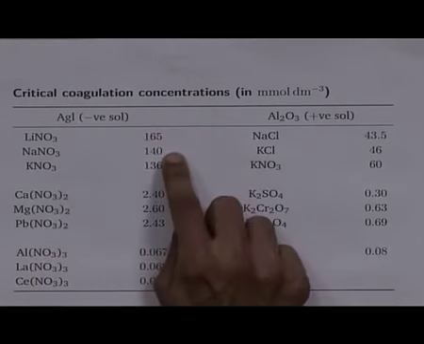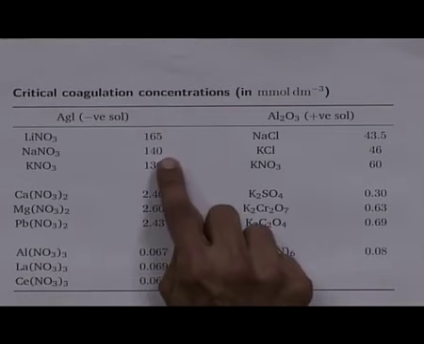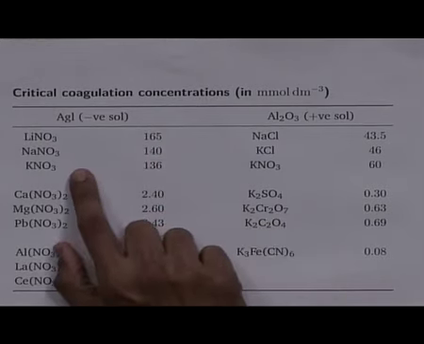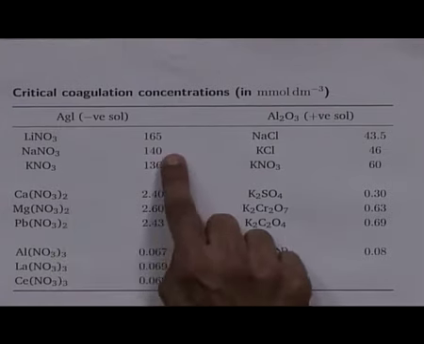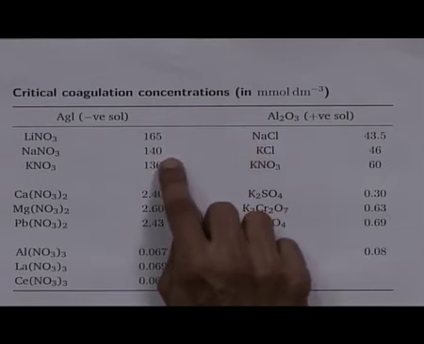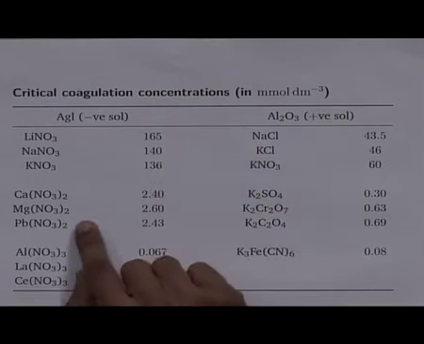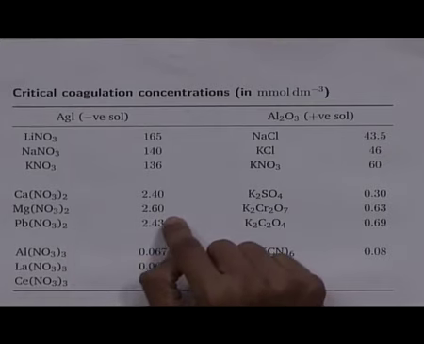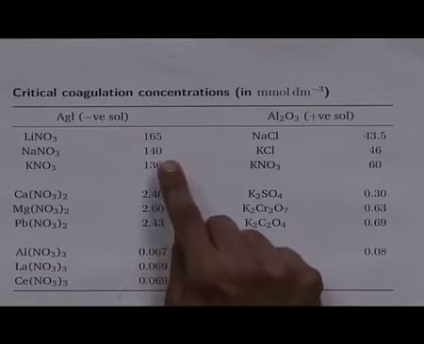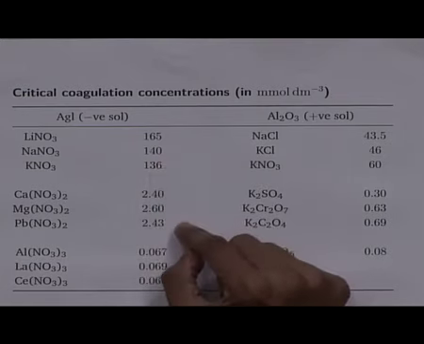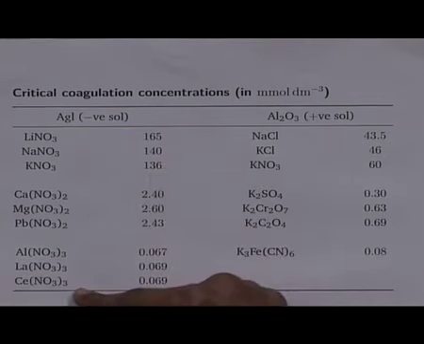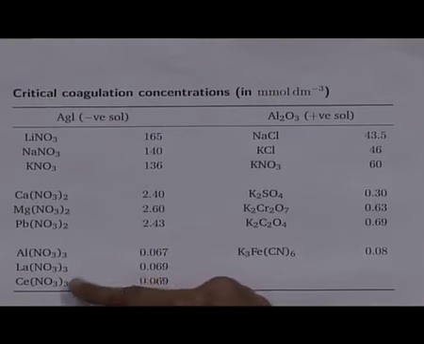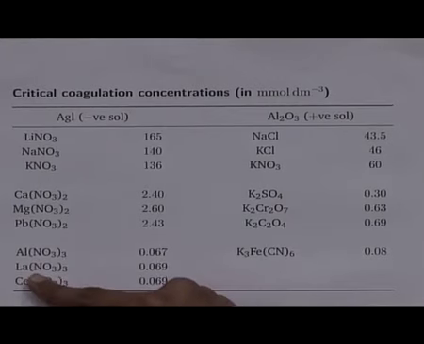Pay careful attention to this. Look at the amount of the electrolyte required when you have singly charged species. This is of the order of 150 millimoles per decimeter cube. When you go to the di-charged species, you require almost 1/100th of what was required here for coagulation. And what do you expect if you go to the next one, where I have triply charged positive ions?